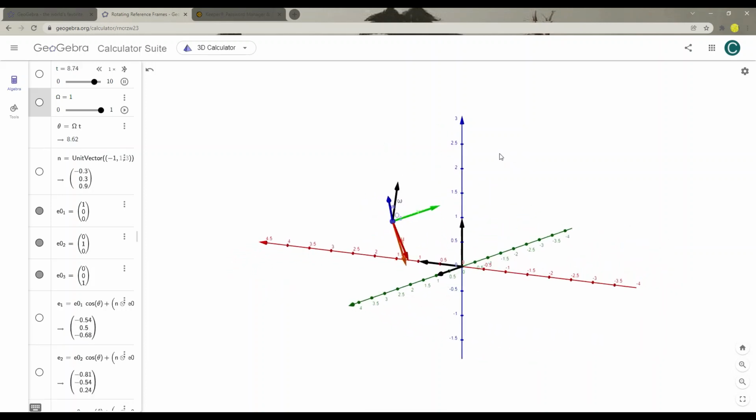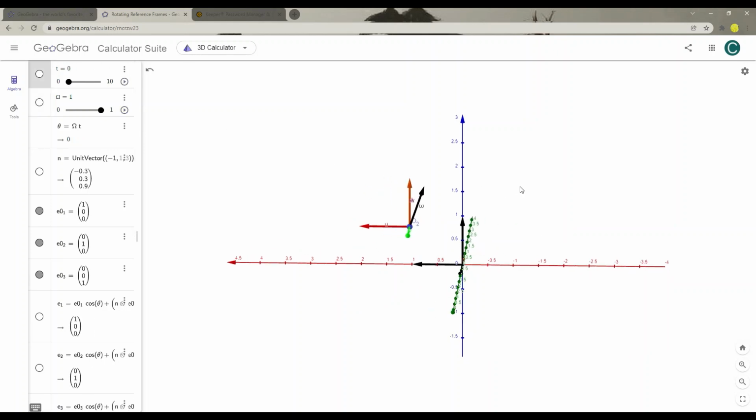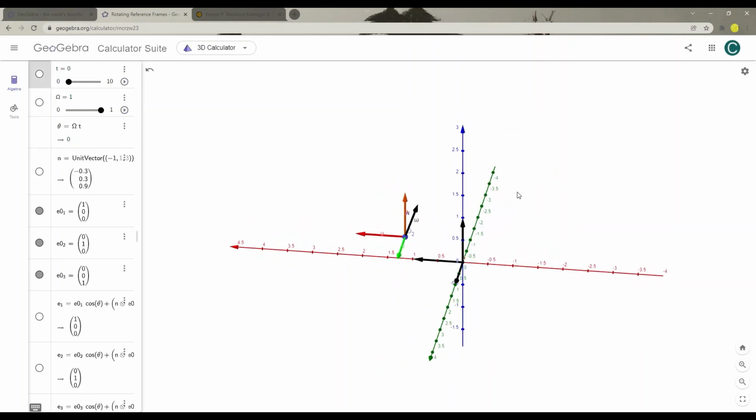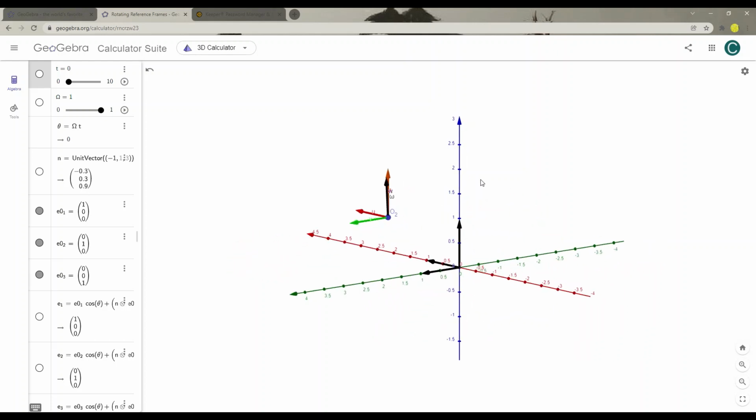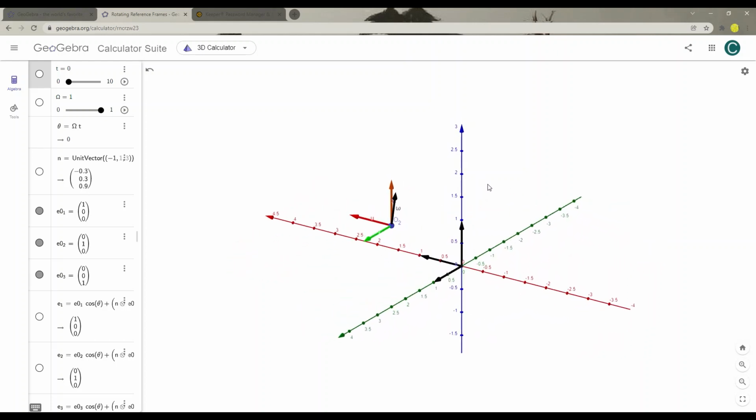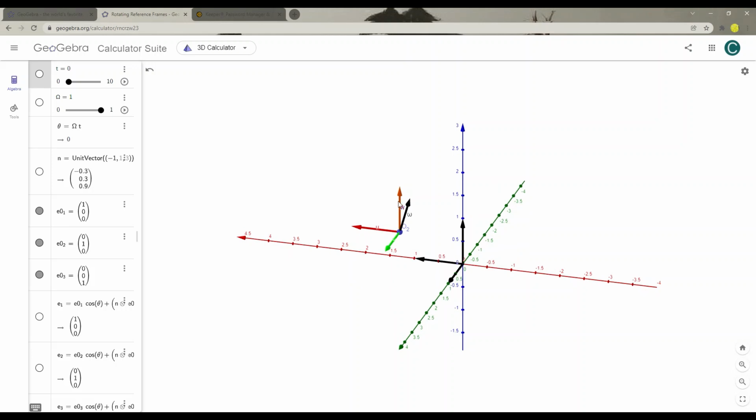So this is the situation that I'm going to derive mathematically here in a second. One thing I want to point out is that at this instant in time, during this derivation, the base vectors are aligned with the vectors that make up the inertial frame.